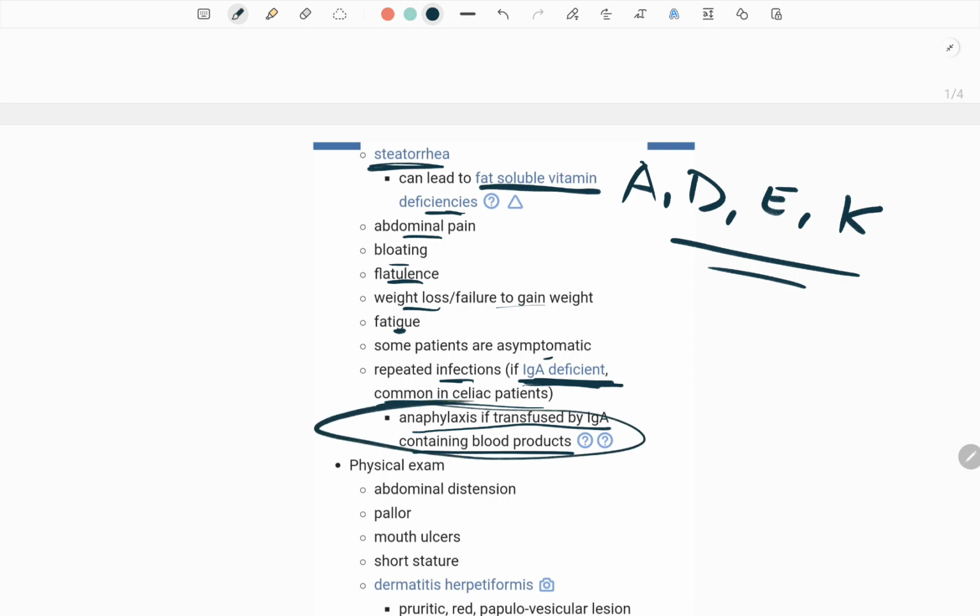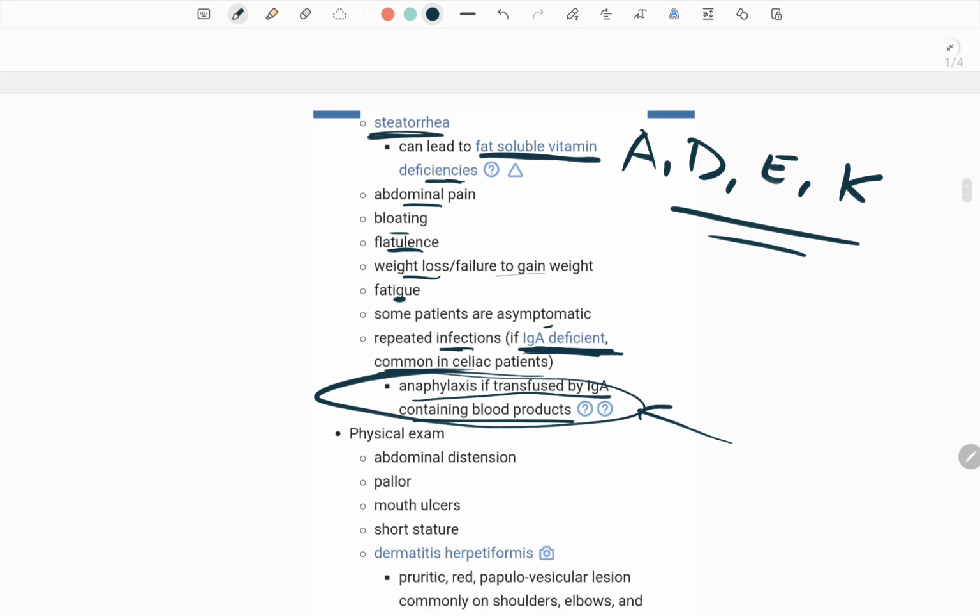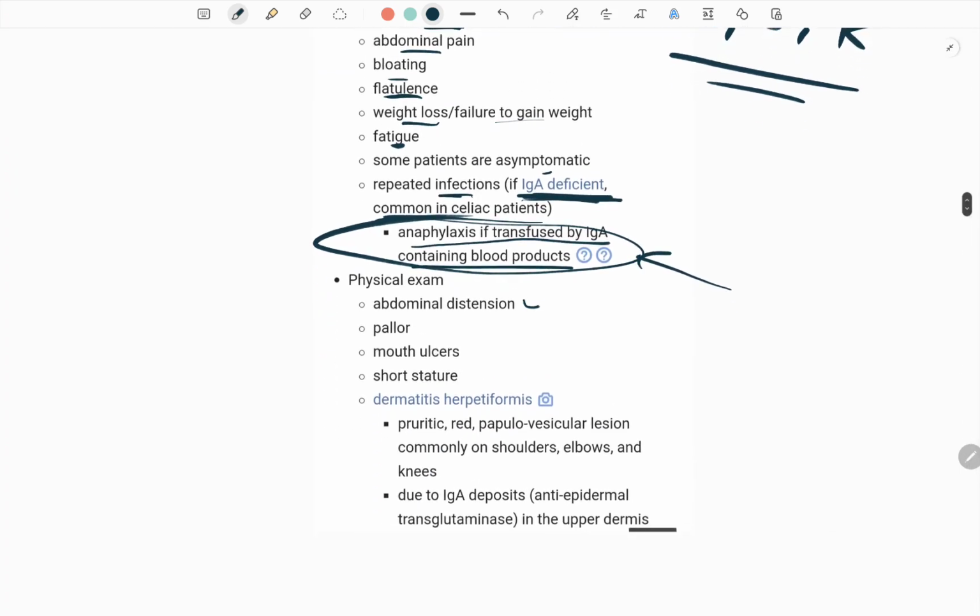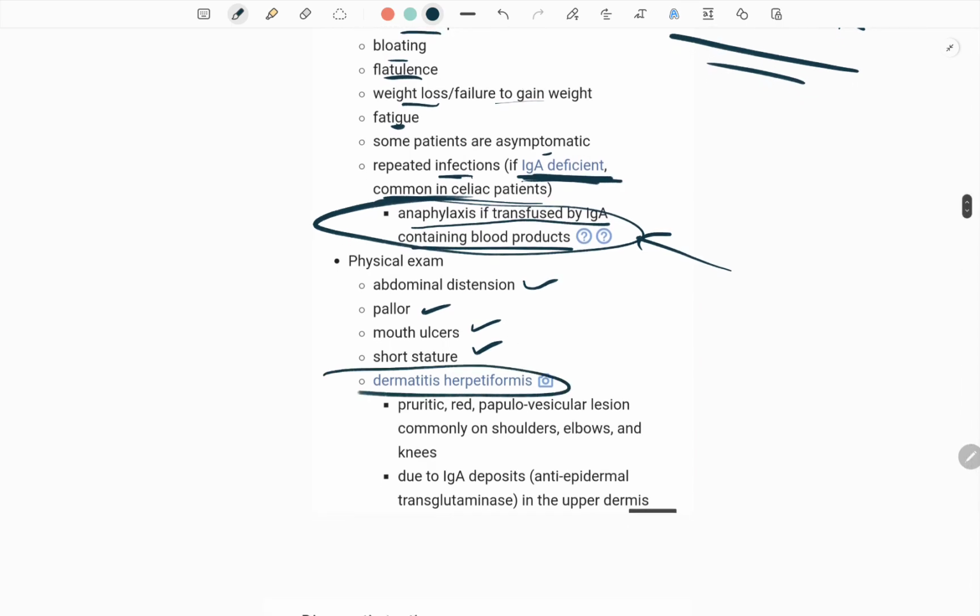This is very important: when we give a blood transfusion to a patient who requires it, and if it contains IgA, we need to watch for anaphylaxis in IgA deficiency. The physical examination will show abdominal distension, pallor, mouth ulcers, short stature, and most important is dermatitis herpetiformis.